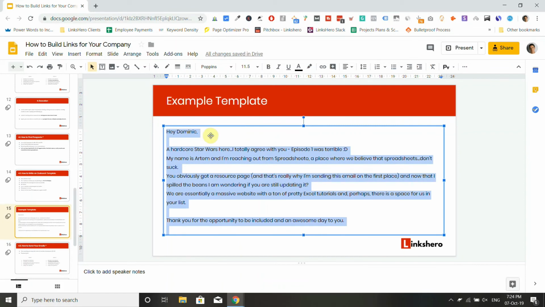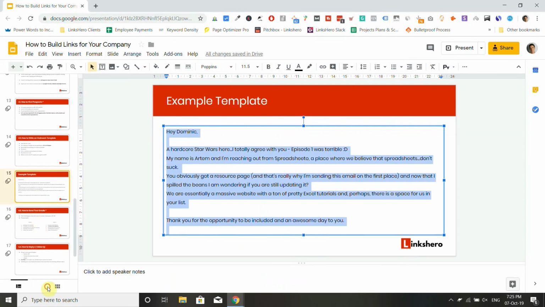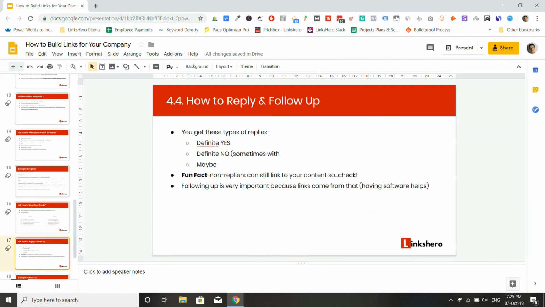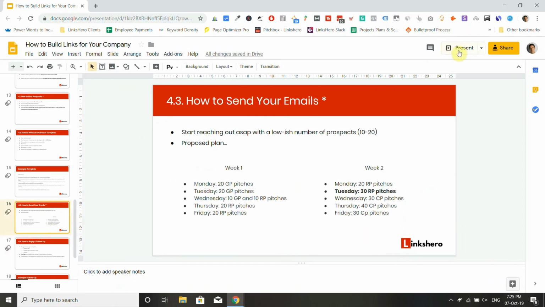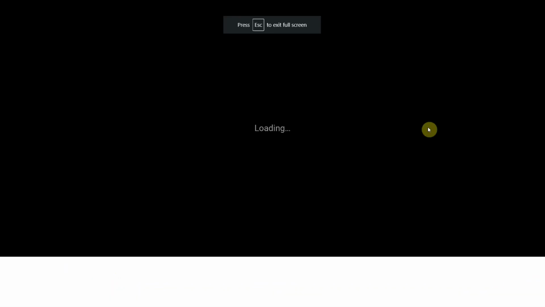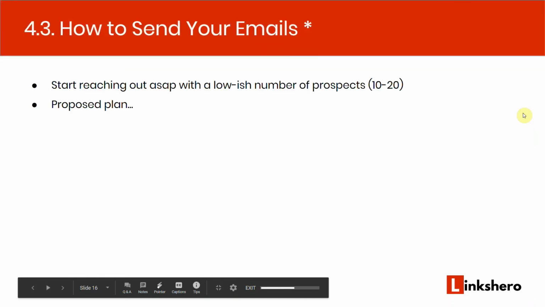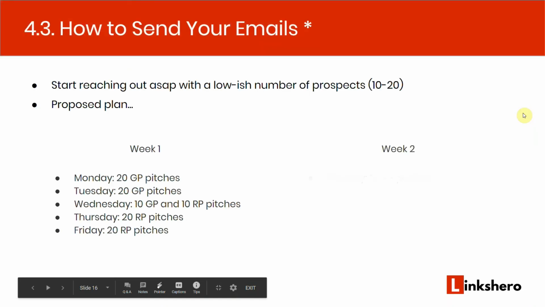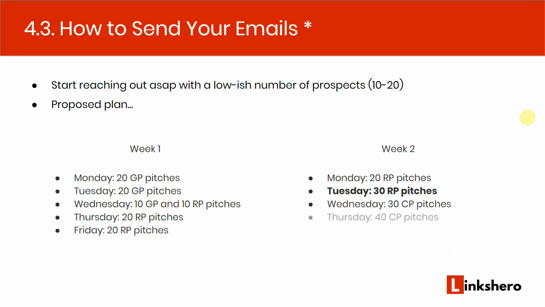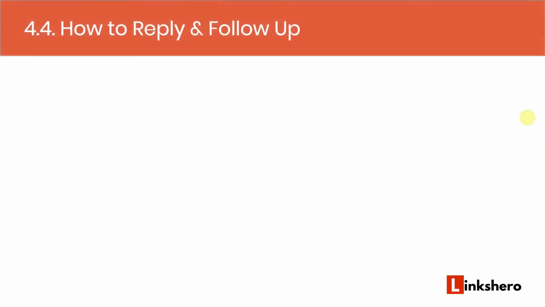Yeah. And now we have to get back to, whoops. Now we are back to the presentation. So that's how you send the emails. And now what's very important is replying and following up.